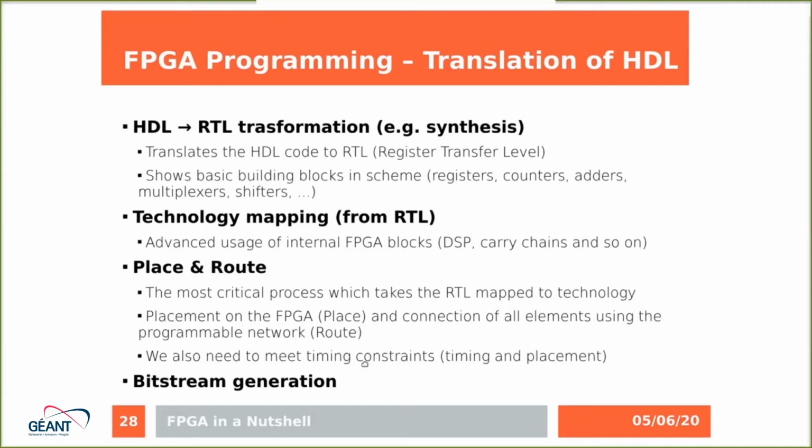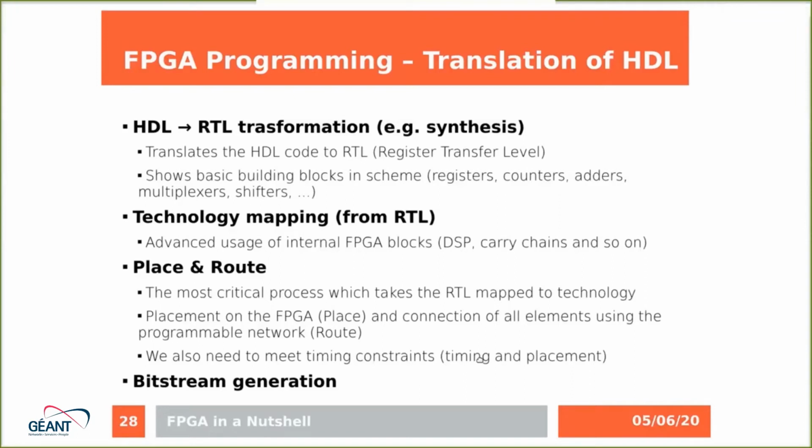So these two parameters need to be met, and there are different kinds of constraints. For example, the timing constraint, when you express that the design needs to run at 200 megahertz. This infers some maximal delay which has to be taken through the asynchronous logic, and you really need to meet it.